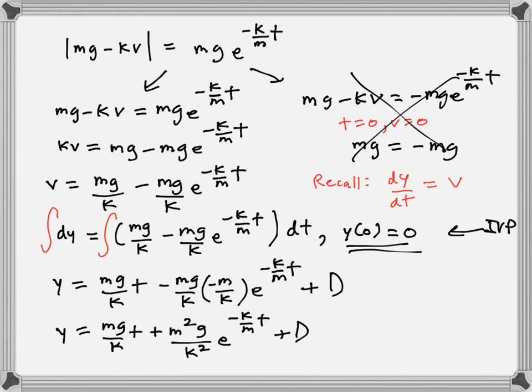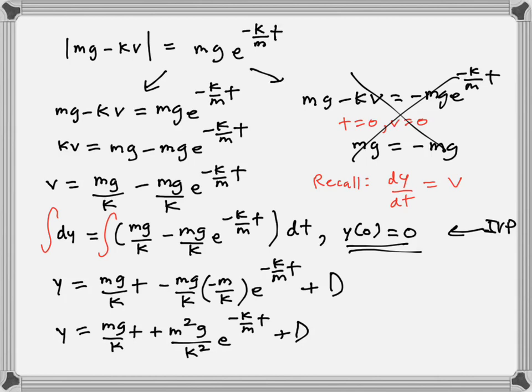So if you plug that in on both sides, you end up with, so y of 0 equals 0 gives us 0 equals d minus m squared over k squared g. Because look back.